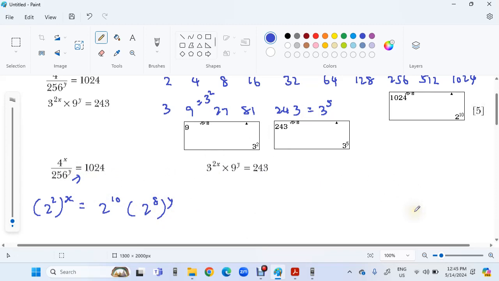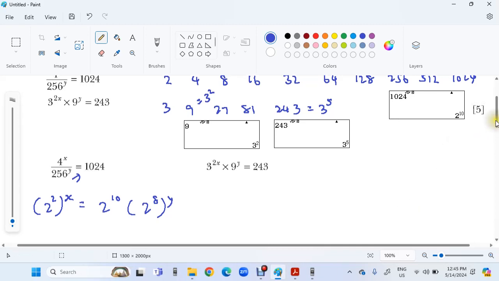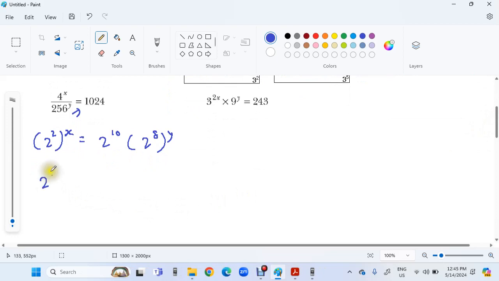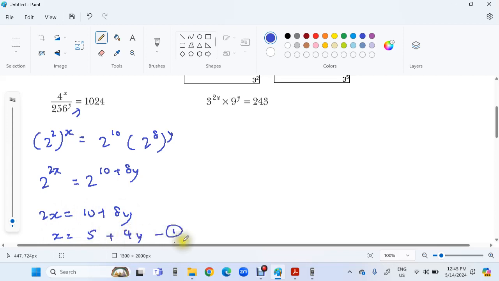If we can use addition, we don't do subtraction. So over here, we have 2 to the power 2x equal to 2 to the power of 10 plus 8y. So we have 2x equal to 10 plus 8y, then x equal to 5 plus 4y. So this is the first equation.